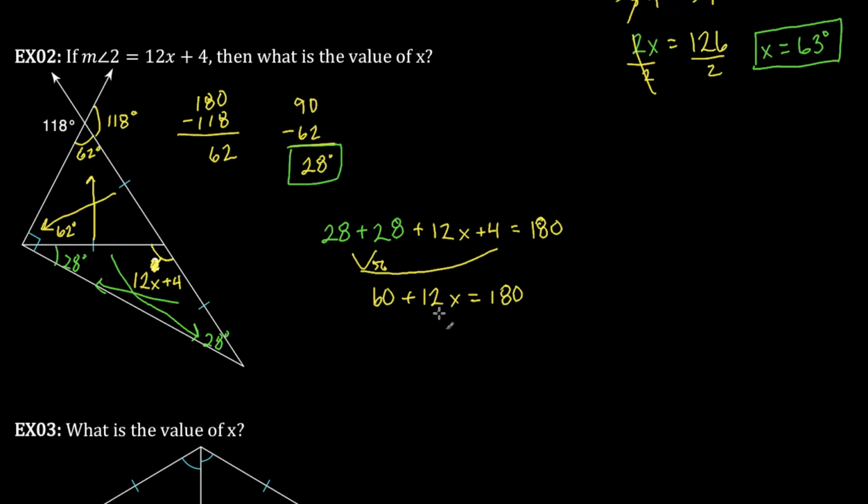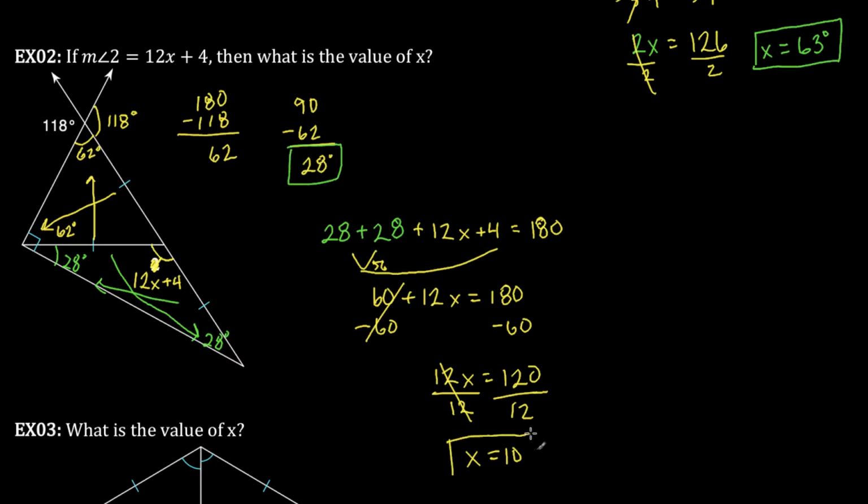Remember, we got to get rid of this one first. 12x equals 120. And we divide by 12, and x equals 10. So we know that x is 10.